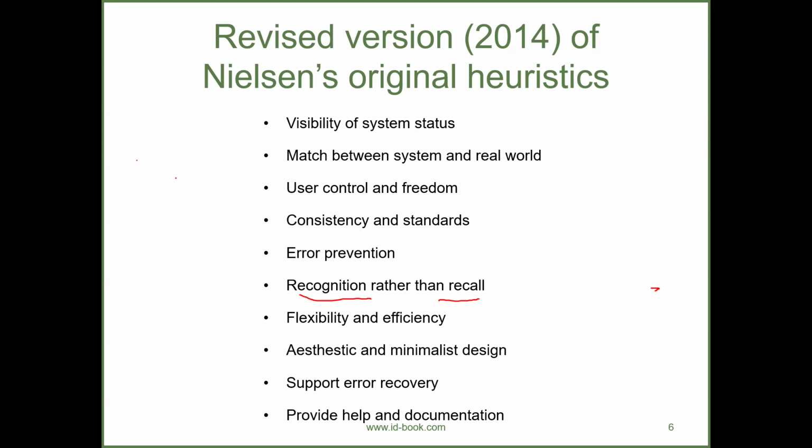There should be no need for the user to memorize what is the first step, what is the second step. It should be logical. For example, you select the product, click on the next button, it asks you how much quantity you want to order, and then it takes your details, and then finally you are done with the process of ordering it. It should be very easy, it should be recognizable rather than memorizing it. So no need of recalling. We want them to recognize.